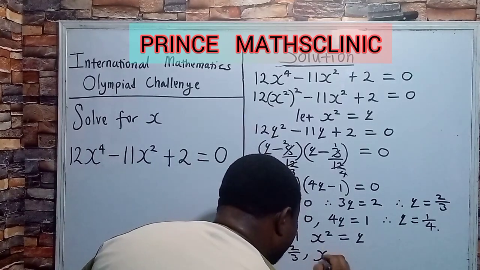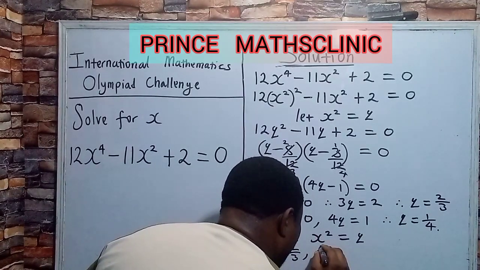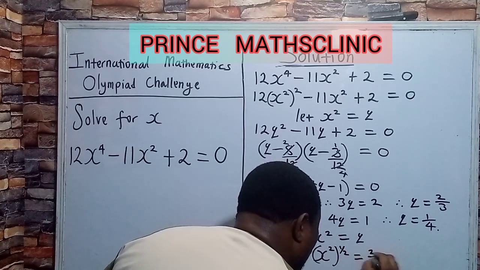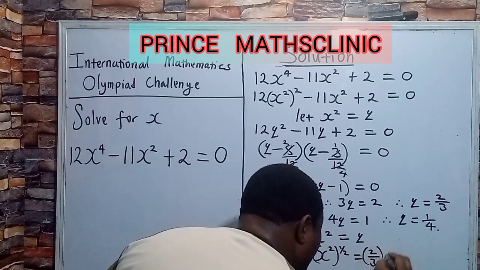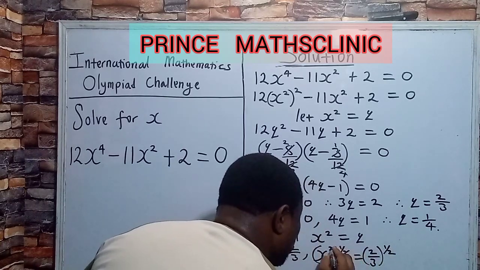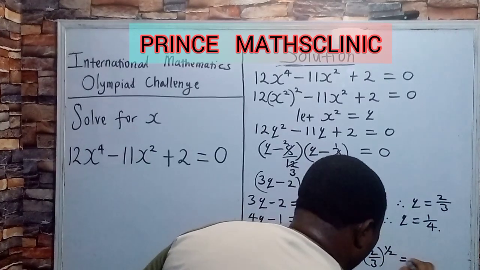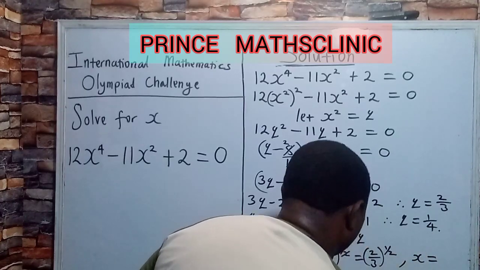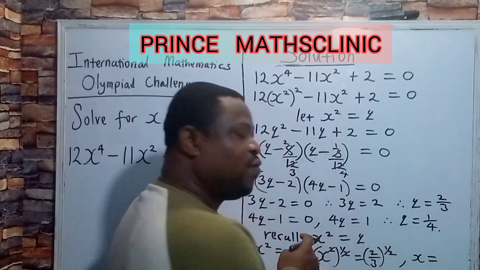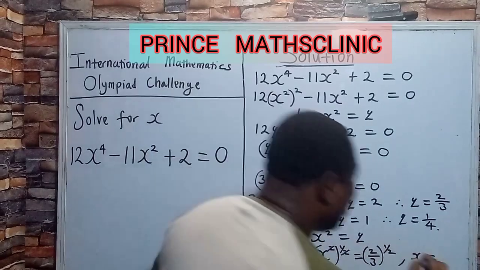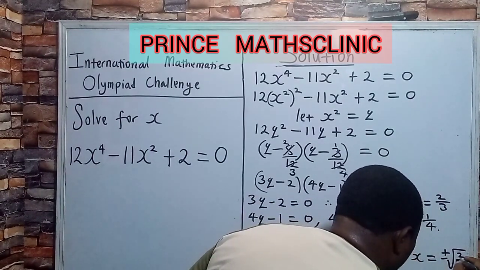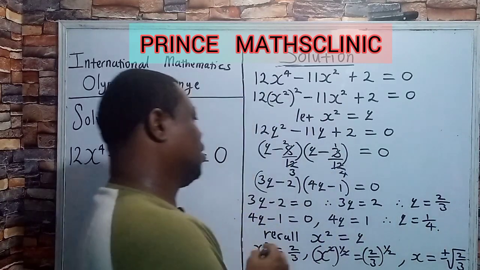So this becomes x times 1 over 2 equals 2 over 3 times 1 over 2. So we cancel 2 here. My x here becomes, anything to the power of 1 over 2 means square root. So this becomes plus or minus square root of 2 over 3.